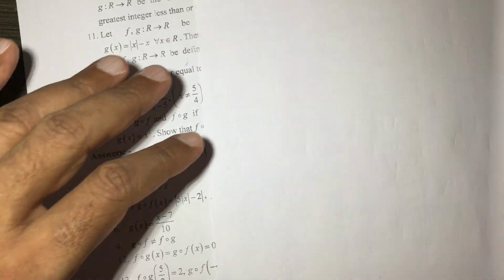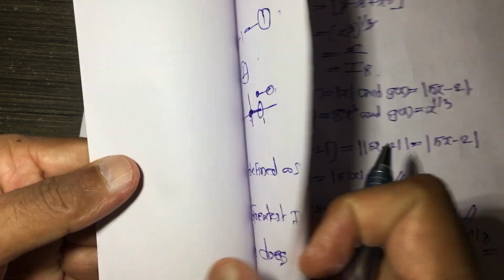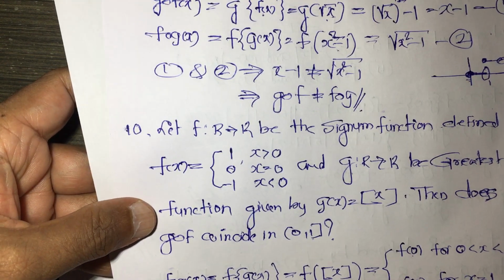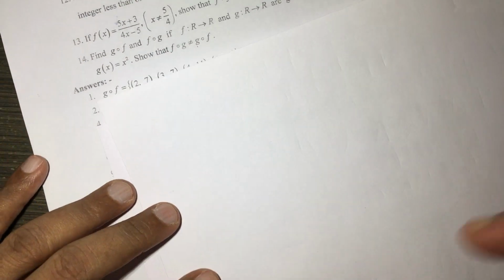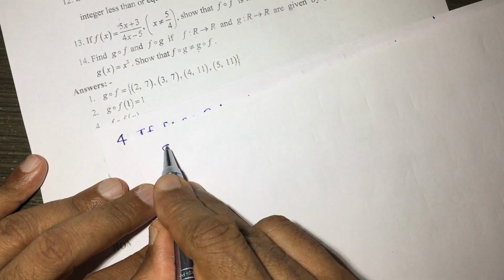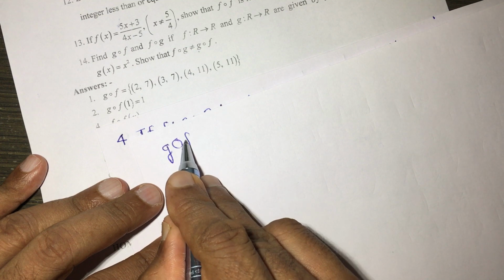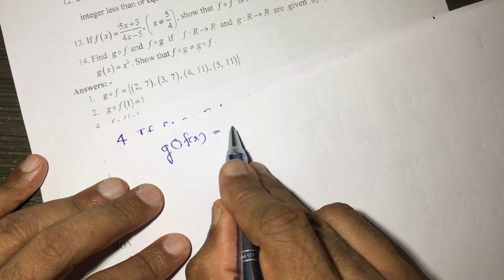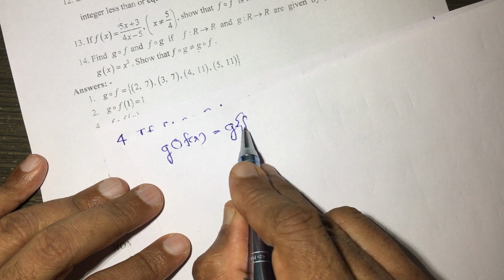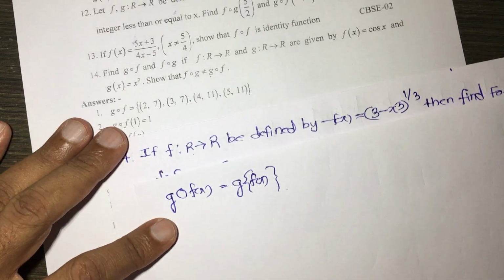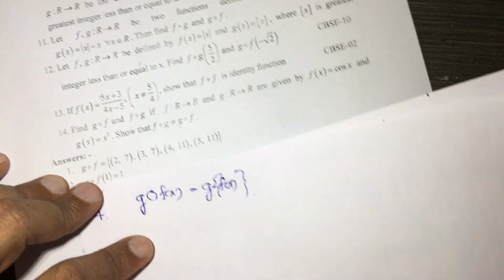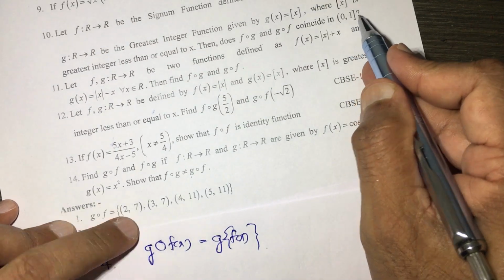Now, here we have taken f composite g. Now I take g composite f. g composite f of x is g of f of x. Now I divide the interval (0, 1] we have been given.